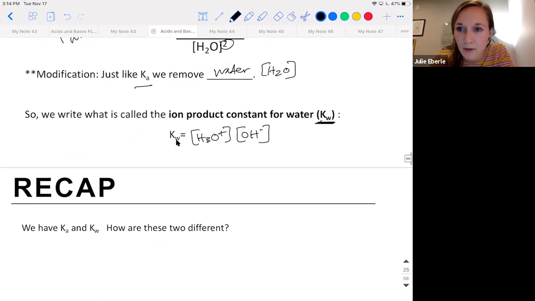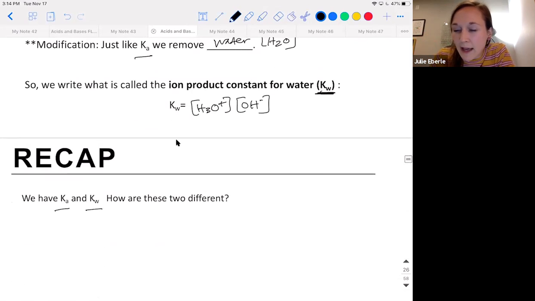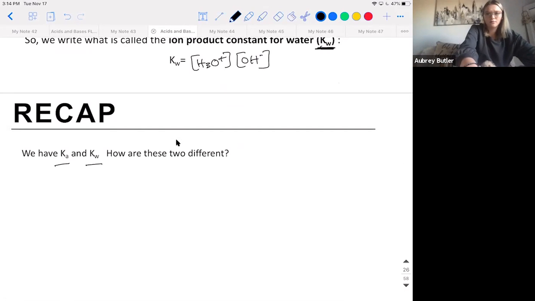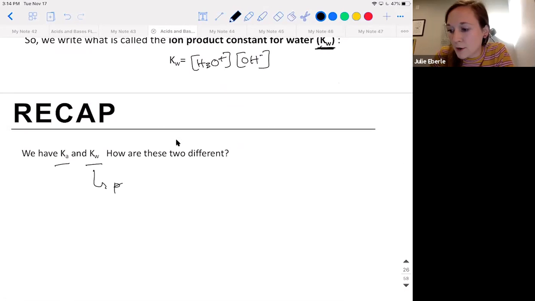So if we just recap, we have an expression for Ka and Kw. How are these different? Kw is specific to water. Yes, this is just for pure water, and Ka is just for weak acids.